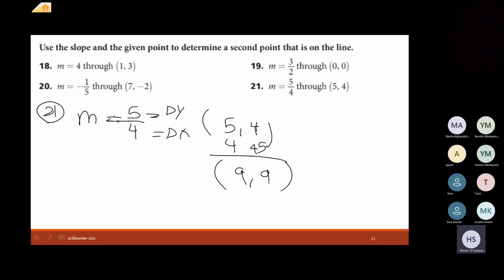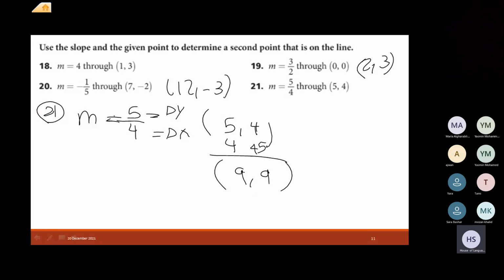Number 19, it was 2, 3. And here it was 12, negative. If it's negative 1 over 5, so we will do negative 5, 7 plus negative 5, because it's negative, negative.